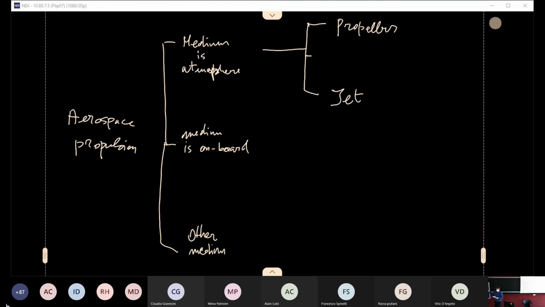And these are the air-breathing engines. And I left another option, just to mention that there is also something more exotic, that is, for instance, ram electric propulsion.